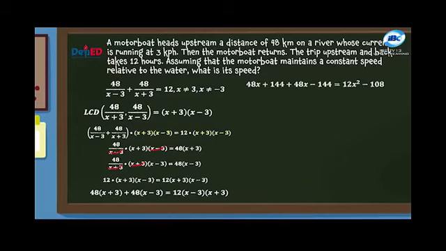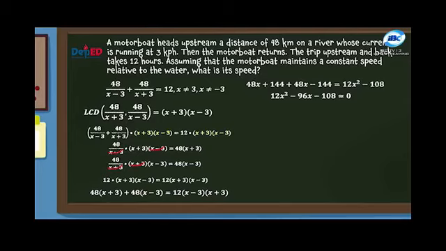This means that 48x plus 144 plus 48x minus 144 is equal to 12x squared minus 108. Writing the equation in standard form, it must be expressed as 12x squared minus 96x minus 108 equals 0.